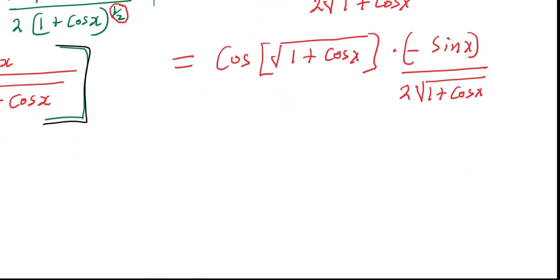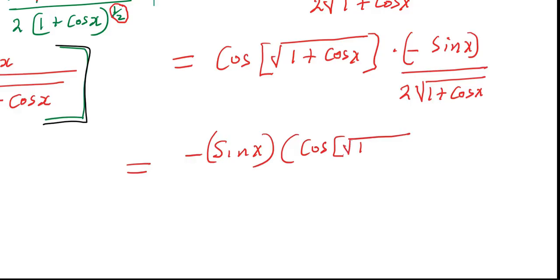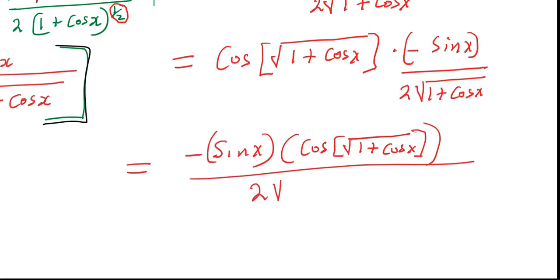So finally, the derivative will be equal to negative sine x, let's put this in the brackets, cos of the square root of 1 plus cos x, over 2 root 1 plus cos x.